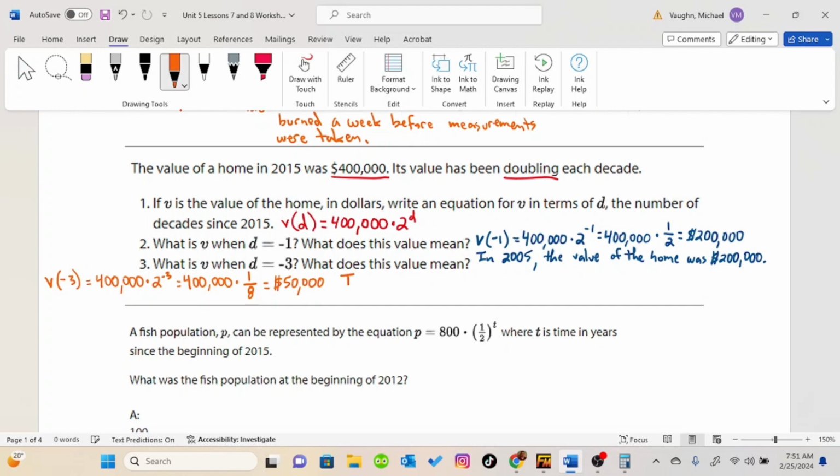So that means in 1985, the value of the home was $50,000.